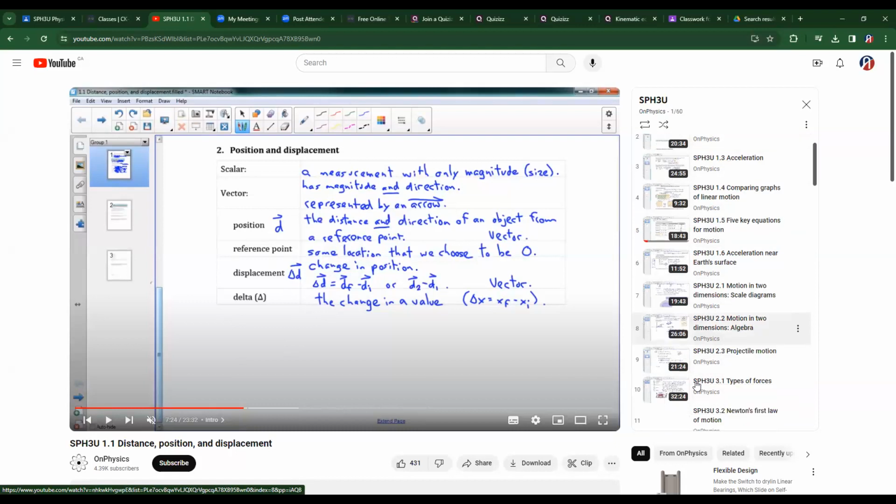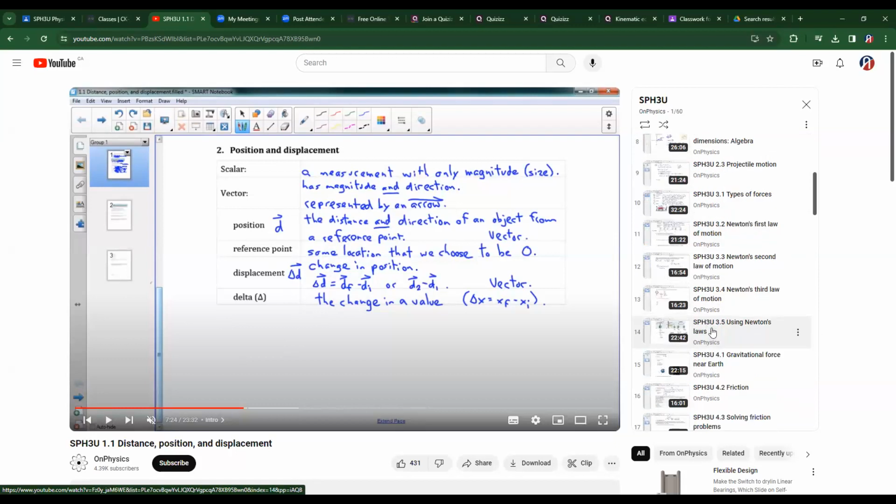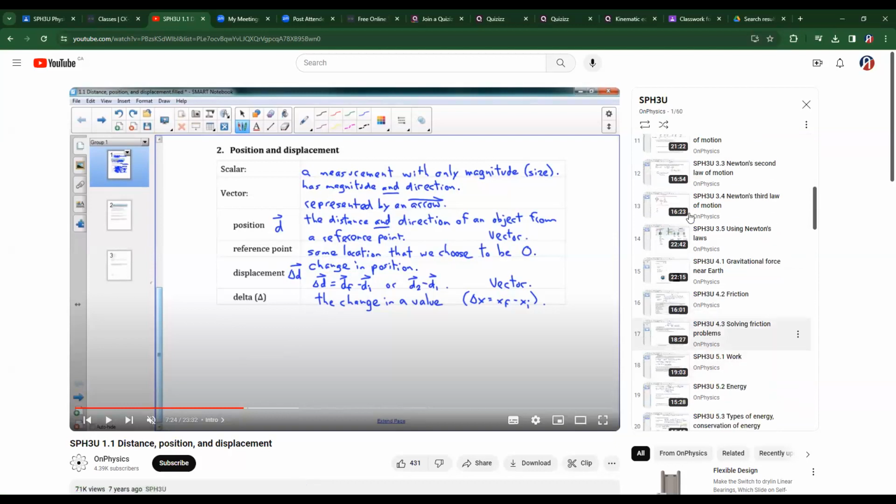Then for chapters 3 and 4, you have Newton's laws, forces, and force of friction. So it's basically 2 chapters on motion under forces. In kinematics, we don't care why an object is moving.